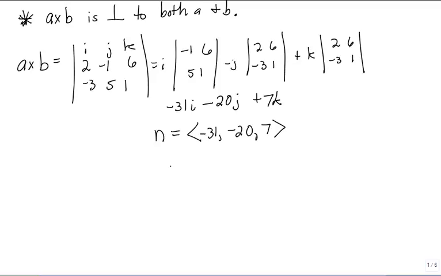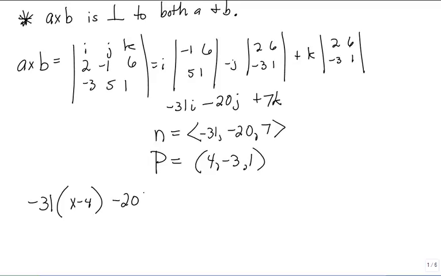And we'll take P for our point, and our plane equation is going to be minus 31 times (x minus 4), minus 20 times (y plus 3), plus 7 times (z minus 1) equals 0.